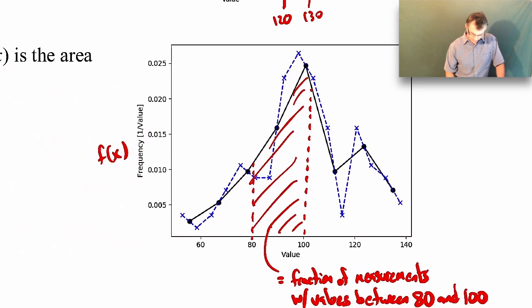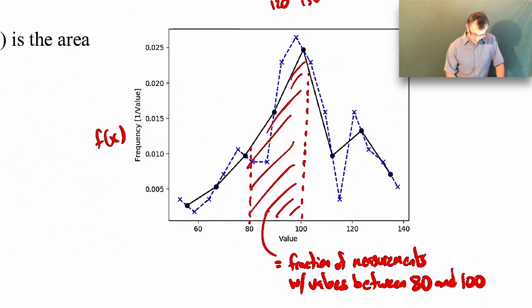So you can see, for example, I'll have a large number of measurements between 80 and 100, but I'll have very few measurements between that point and this point. Most of my measurements are somewhere in this range. And when I say fraction, the value goes between 0 and 1. If I integrate from minus infinity to infinity, the fraction would be equal to 1. All of my measurements lie within that range.